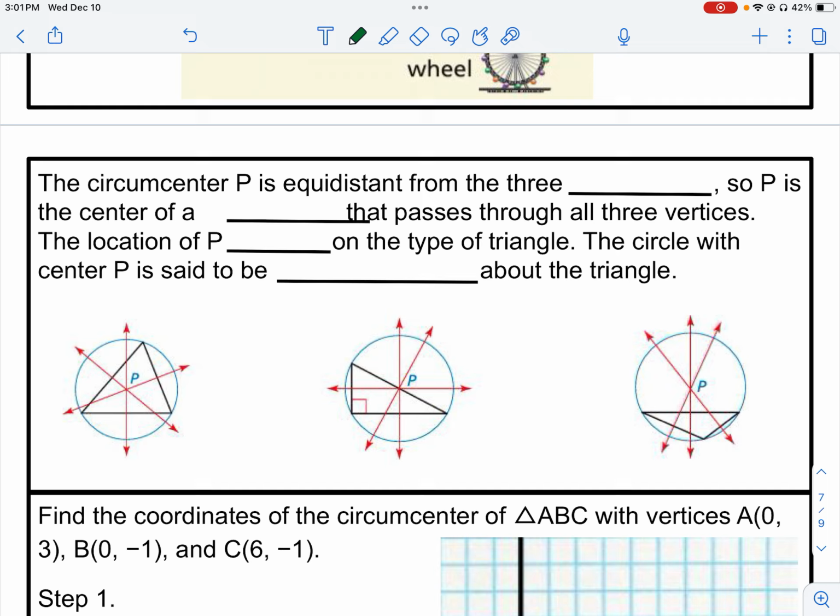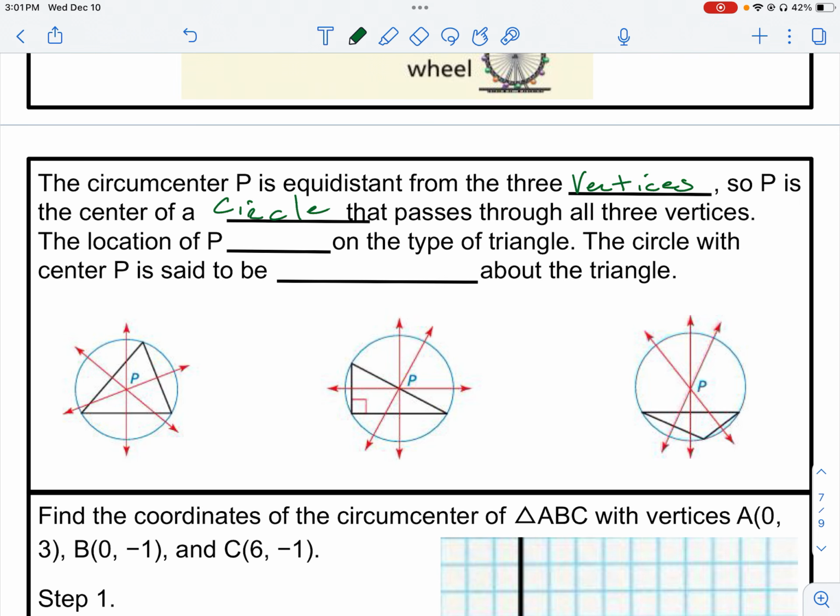So let's talk more about circumcenters. So circumcenter P is equidistant from the three vertices. So P is the center of a circle that passes through all three vertices, as shown below.